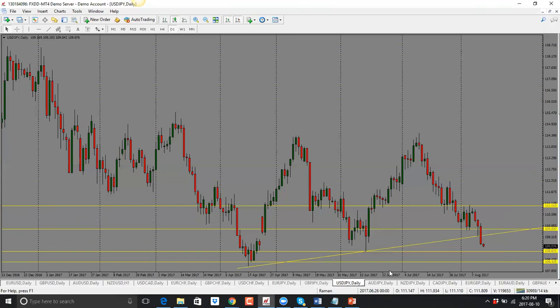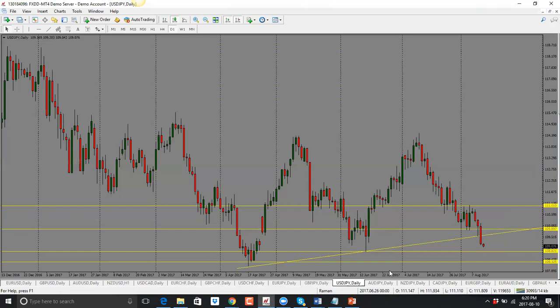Just to remind everyone, the reason Japanese yen and Swiss franc are very strong right now is that there's risk aversion in the market currently.